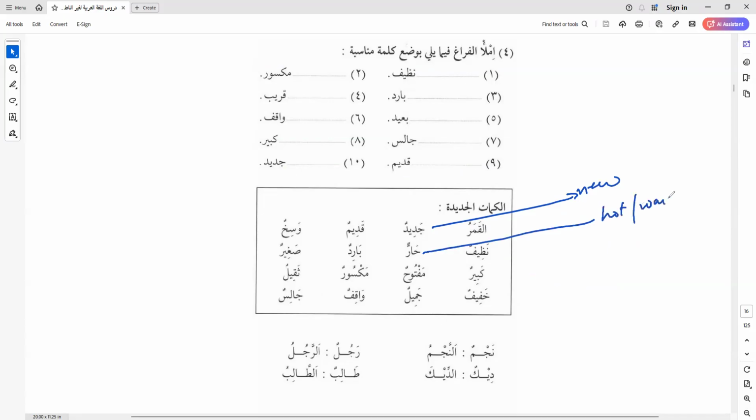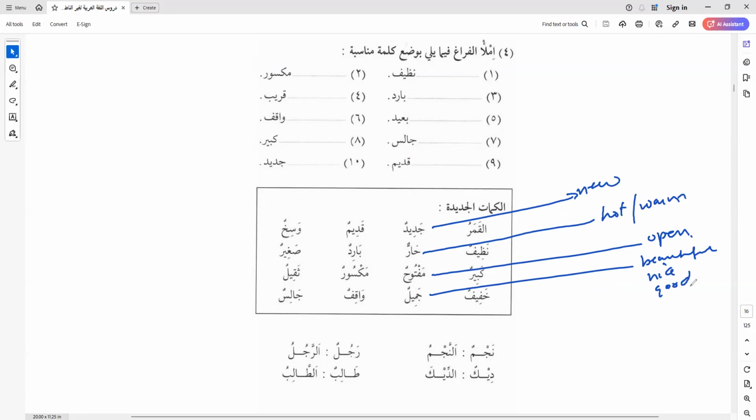Or some Arabs can say it's warm in the Arabic language. Maftuhun, open. Jamilun, beautiful. That's the original meaning. It can be nice. It can be good. It can also be excellent. Okay. So we have jadidun, harun, maftuhun, and jamilun.